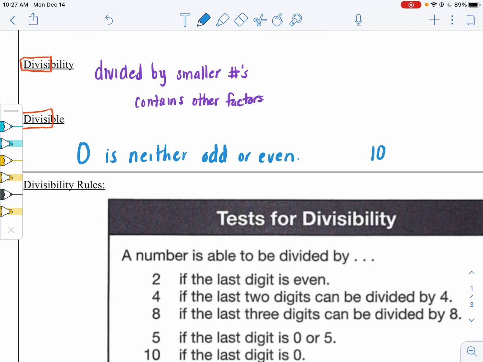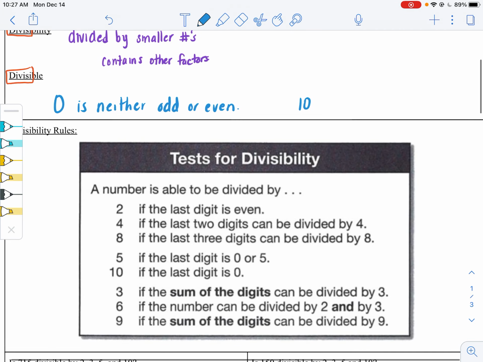It's just neutral. Okay? So a number is divisible by 2 if the last digit is even. If the number ends in a 0, a 2, a 4, a 6, or an 8. It is divisible by 4 if the last 2 digits can be divided by 4.